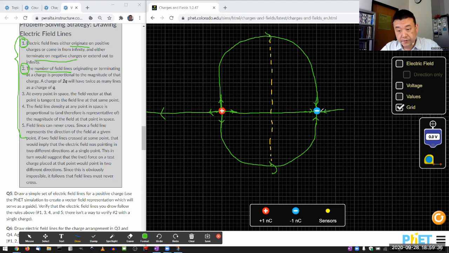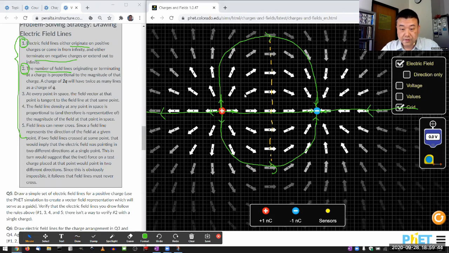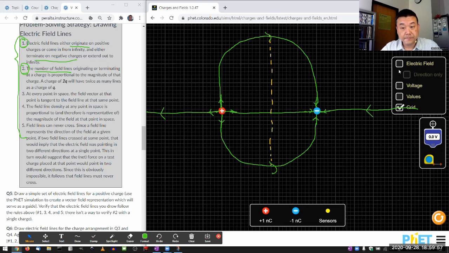And same for this field line here. It comes in from out at infinity. And when I turn on the electric field, yeah, this kind of matches. These horizontal lines match how they should look, and these curved lines kind of match how the electric fields look based on the vector field representation.